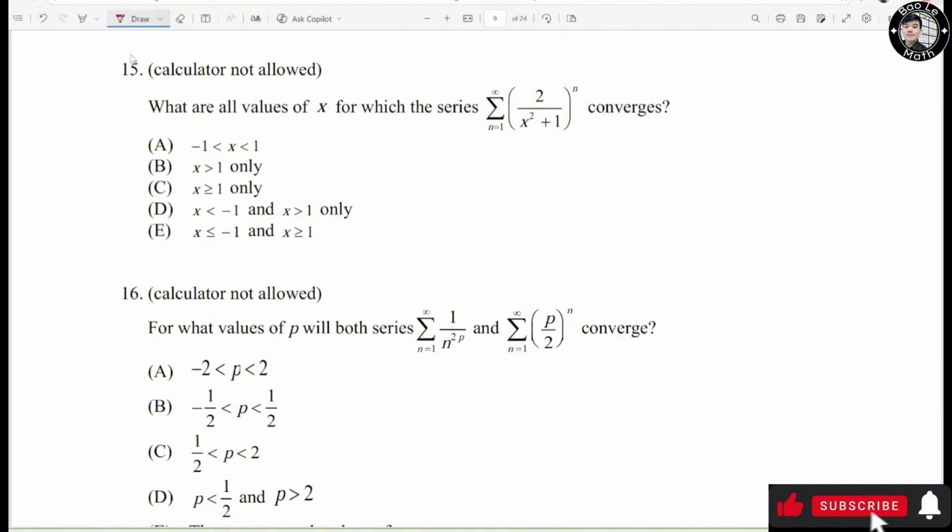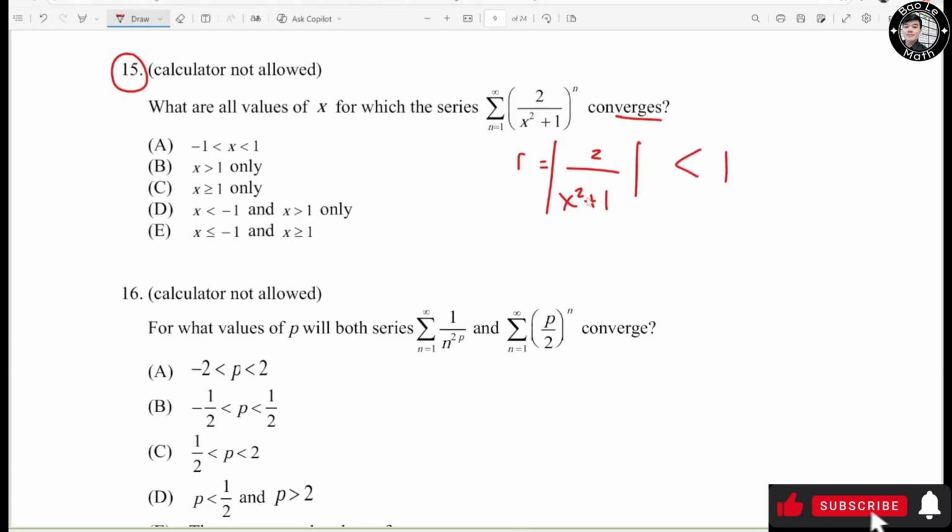Now let's move on to question 15. What are all values of s for which the series converges? Observe that this is actually a geometric series, right? Where the common ratio is 2 over s squared plus 1, right? So in order for this series to converge, we need the absolute value of this to be less than 1, right?